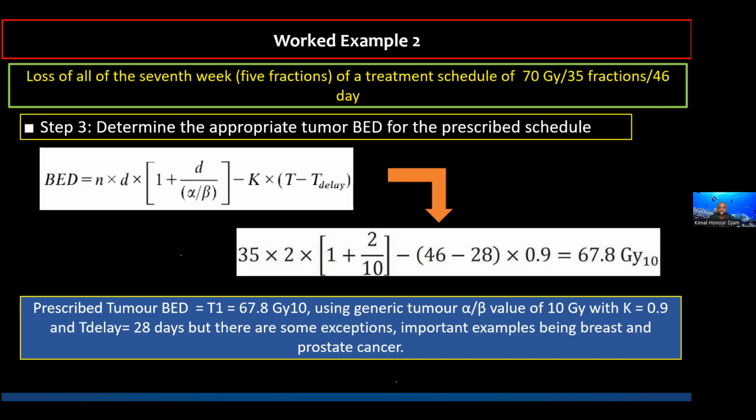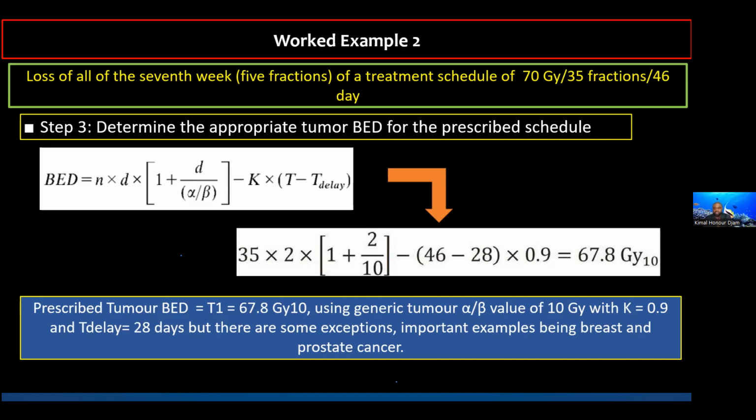And so the challenge that we face is, if we try to get the tumor BED back to the original plan, we would end up increasing the normal tissue BED beyond what we had initially planned.